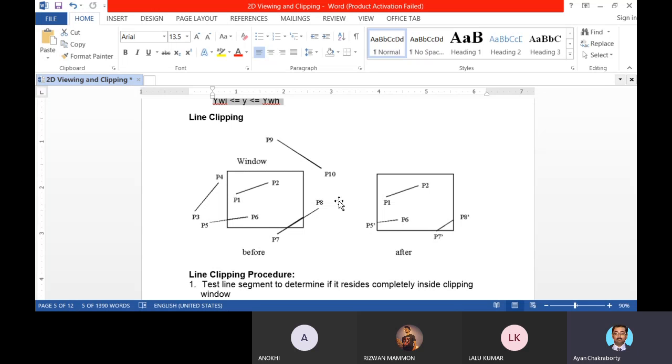We will compare the equation of the straight line P7 P8 individually with each of the four sides of the window frame, where we will get a match or the same intersection point.